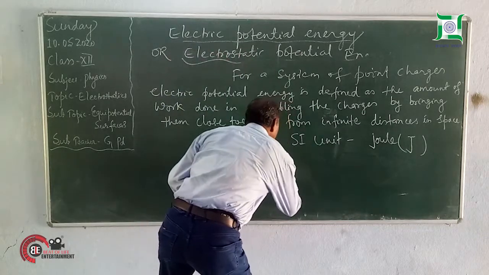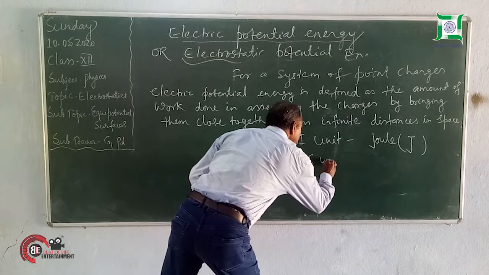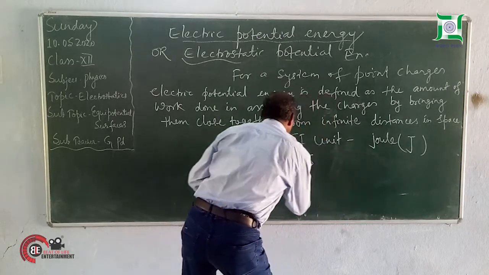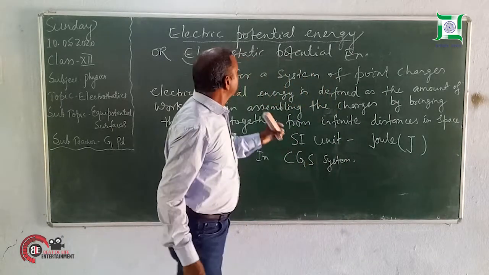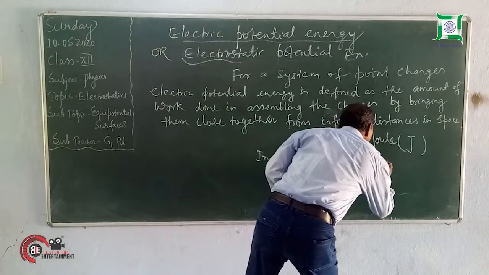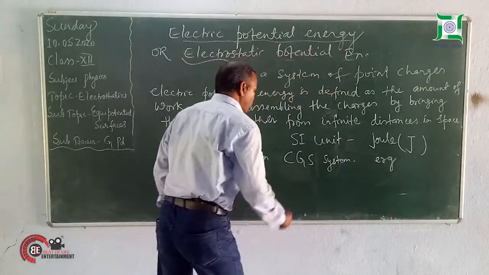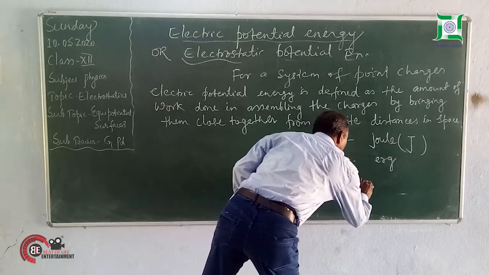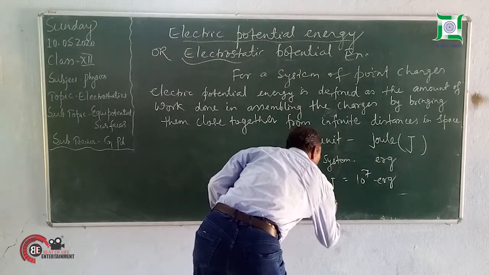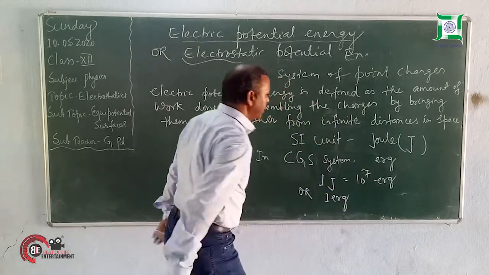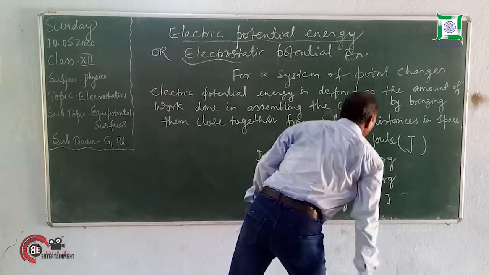In the CGS system, the unit of electric potential energy is erg, and there is a relation between joule and erg. 1 joule is equal to 10 to the power 7 erg, or 1 erg is equal to 10 to the power minus 7 joule.